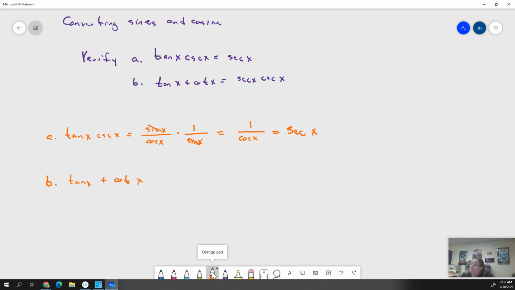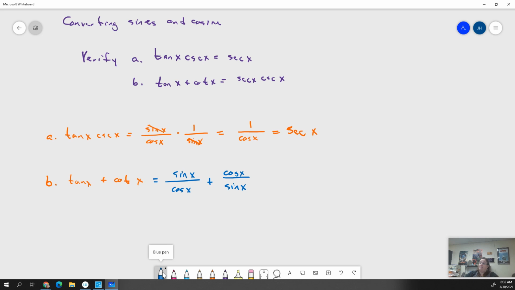And we need to get to these. I know that tangent is sine x over cosine of x plus cotangent, which is cosine of x over sine of x. So we need that famous common denominator, right? We can't add them together.